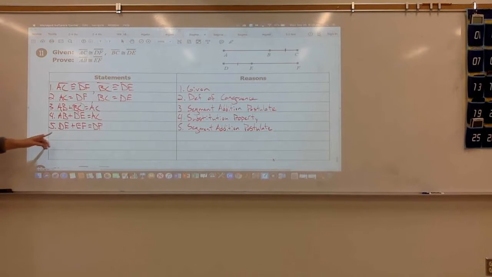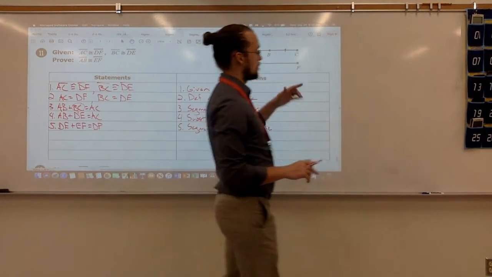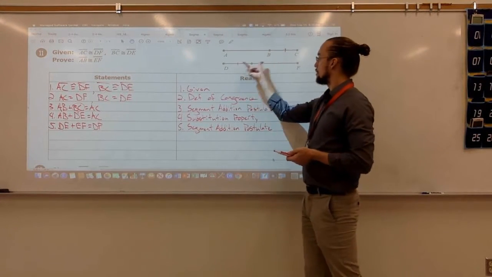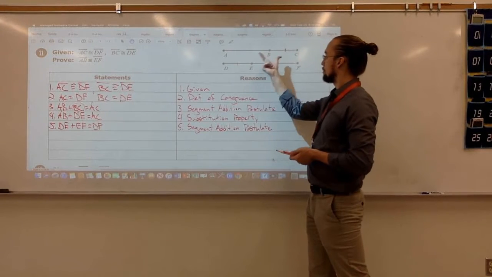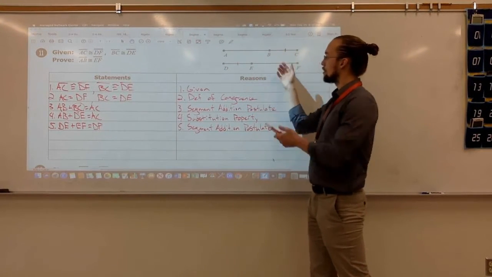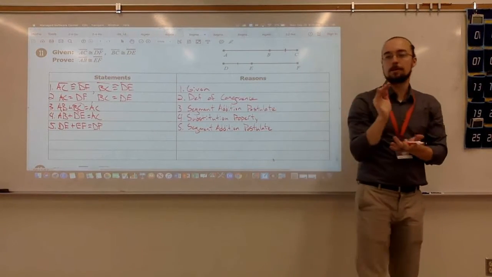So you want DE plus BC and then do it as a transitive? Or no, does it have to state that? Well, if we're looking at the diagram and I know that BC and DE are equal, I don't know that I'm ever going to be able to say adding those two smaller pieces together equals the whole thing.